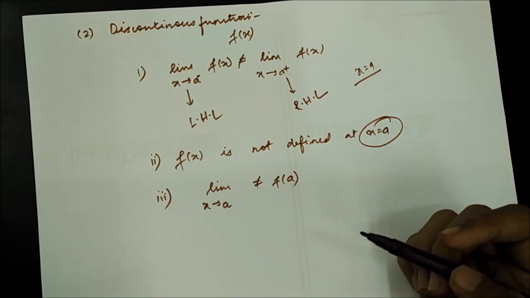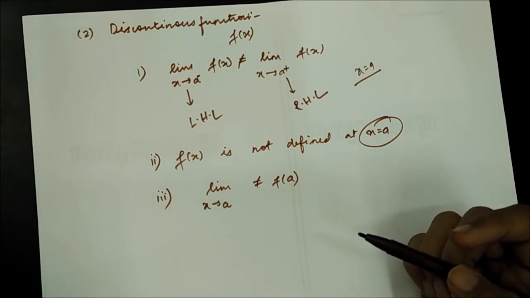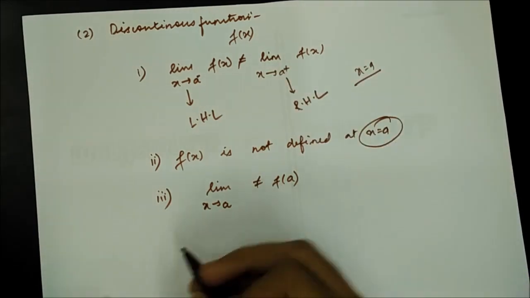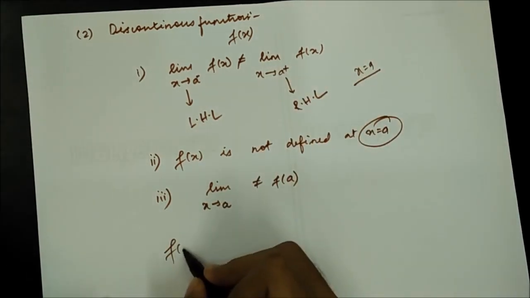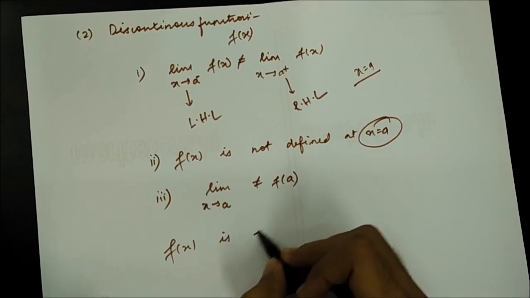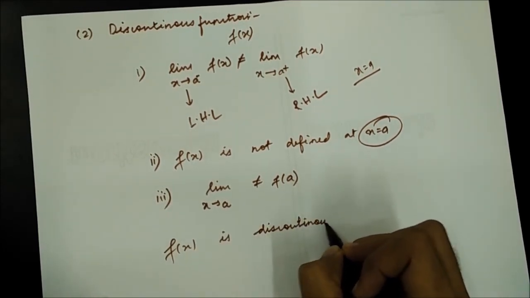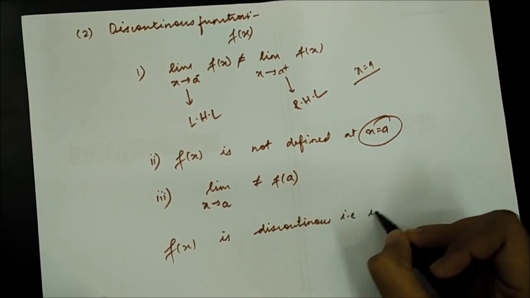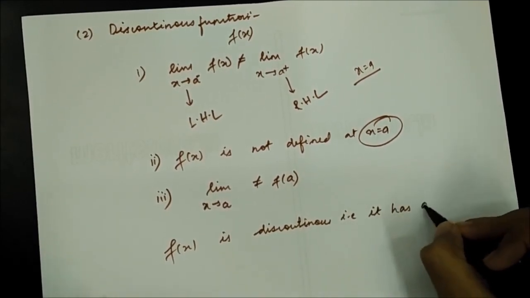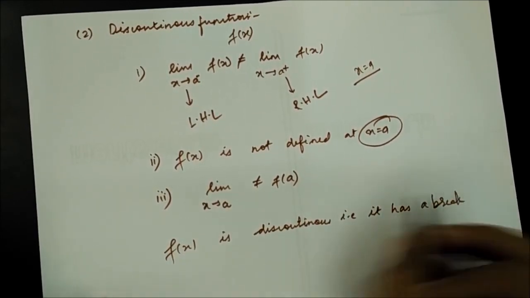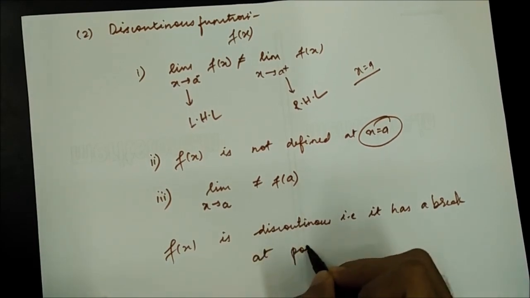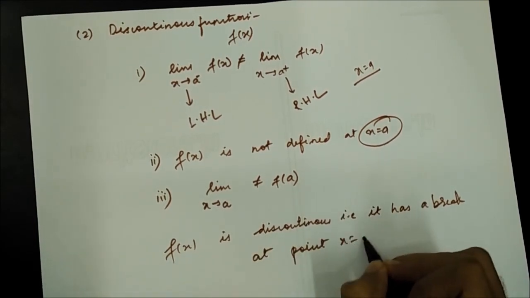So geometrically, the graph of the function will exhibit a break at x is equal to a. So we can say that the function f of x is discontinuous, that is, it has a break at point x is equal to a.